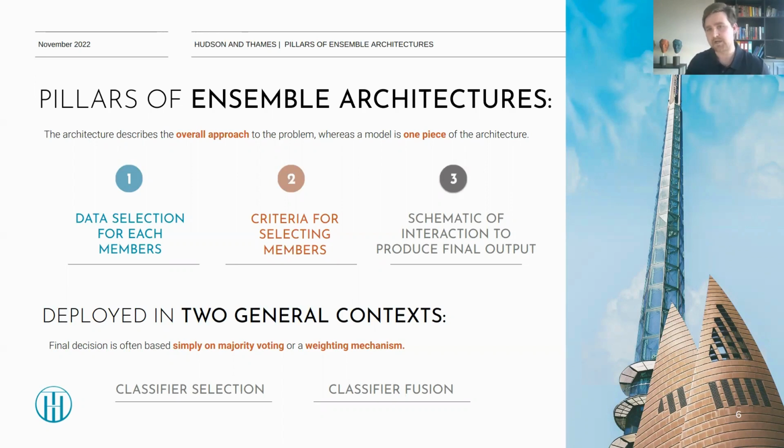Then when you want the final output, there would be some distance metric from the new inputs that you have to the inputs that were trained, and you make your decision with that. And the other one is classifier fusion, where the different models are trained on the entire data set. And then you would combine these to get a final output.